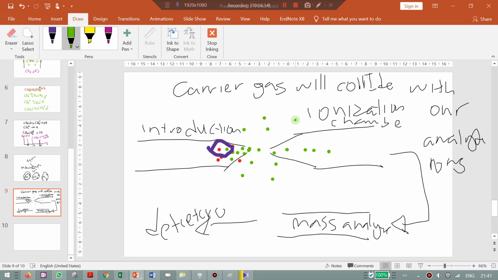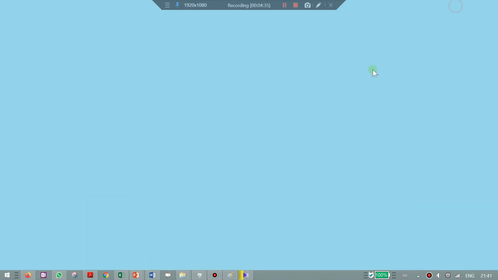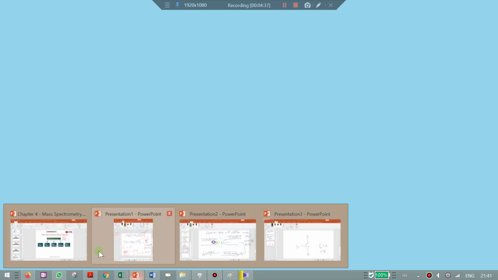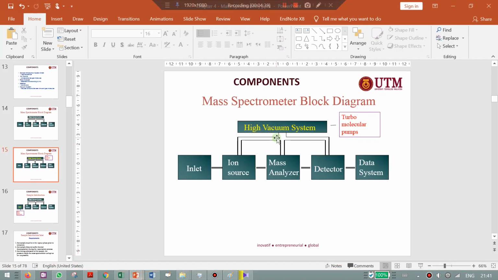You will not get the high abundance you should get of your particular ions from your particular molecule. That is why we need the high vacuum system. I hope that explained it.